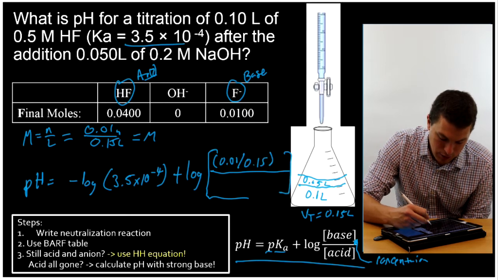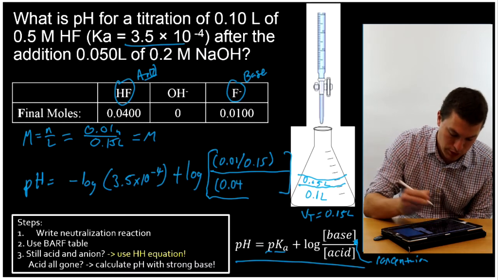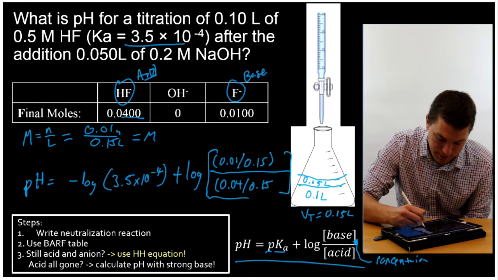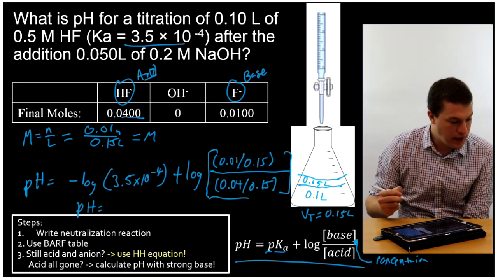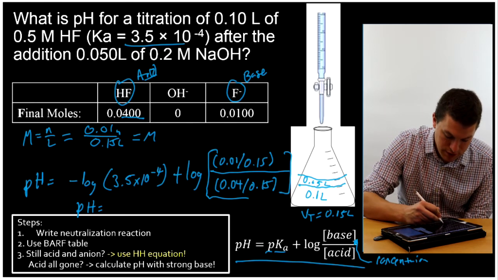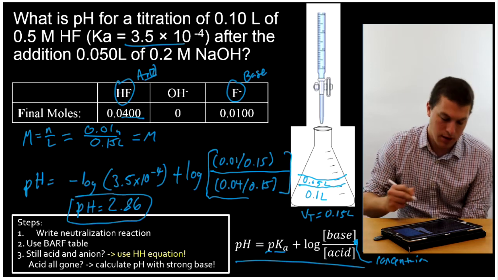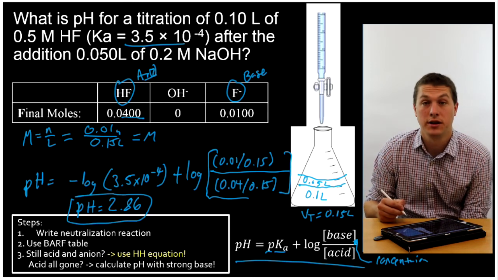And on the bottom, we'll put the concentration of my acid, which is 0.04, that's my moles of HF, divided by 0.15. When I plug all that in, what I'm going to get is a pH of my whole system of 2.86. That's after I've added 50 milliliters or 0.05 liters of my sodium hydroxide.